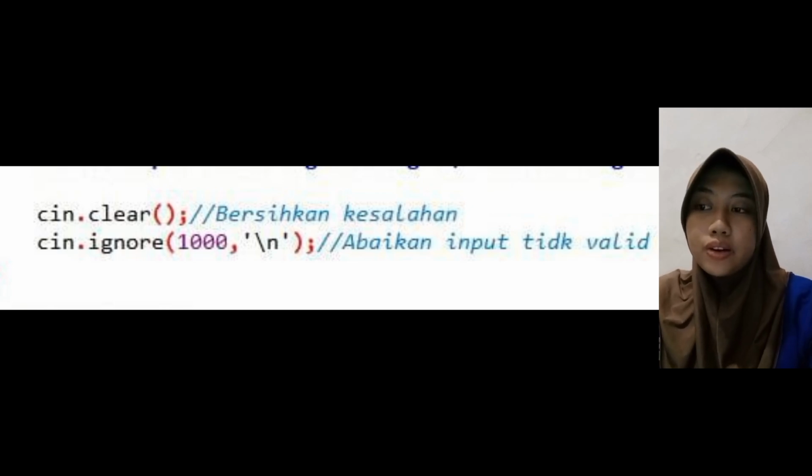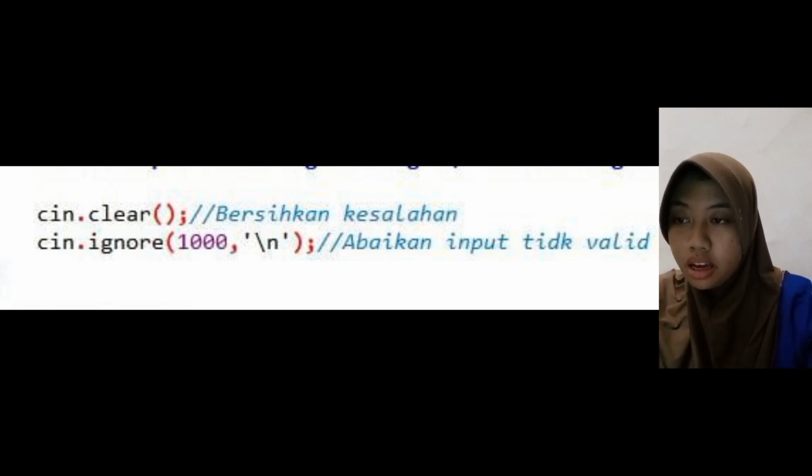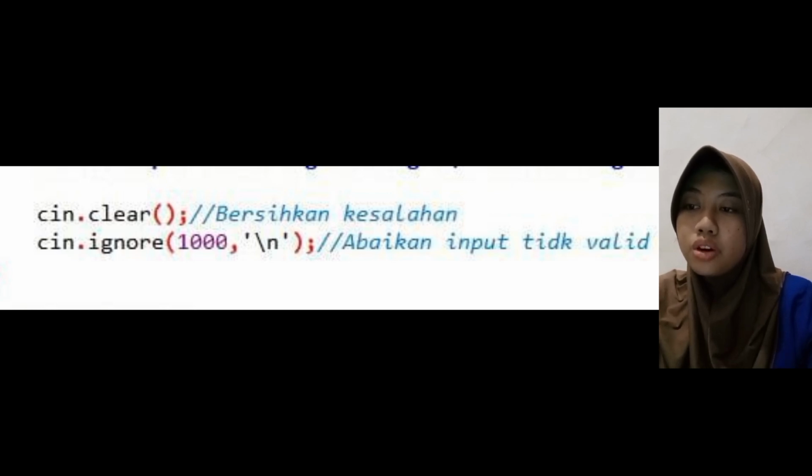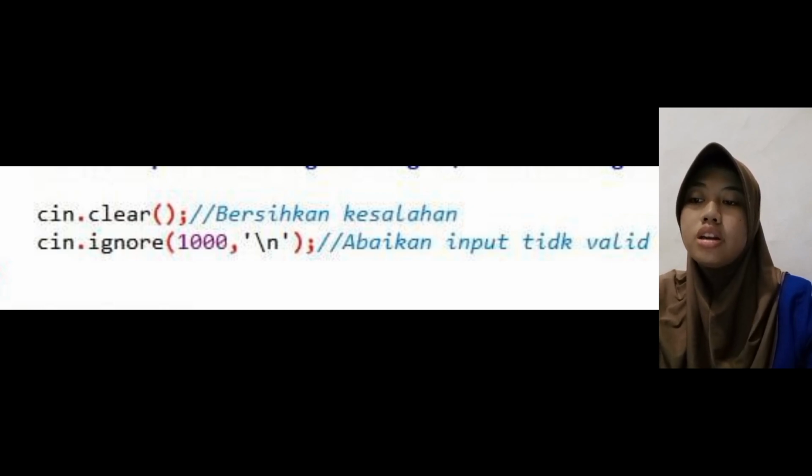And then cin ignore. This method is used to remove a number of characters from the input, and then 1000. This is the maximum number of characters to be ignored. The number 1000 is usually large enough to ensure all invalid characters are ignored. And then newline, this is a character that will be used as the limit for discarding characters.